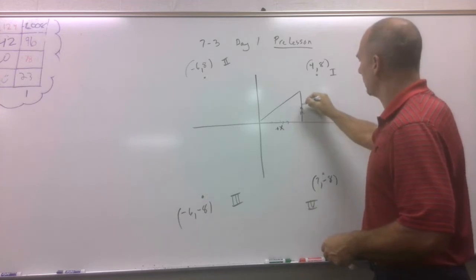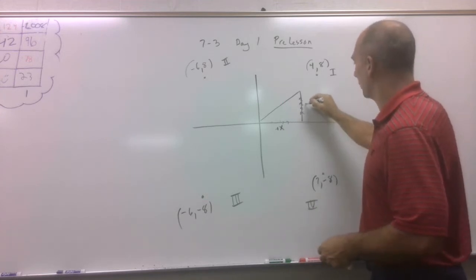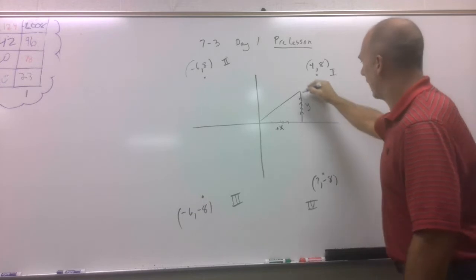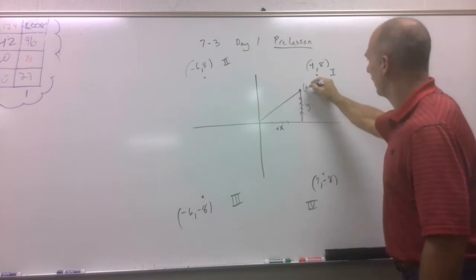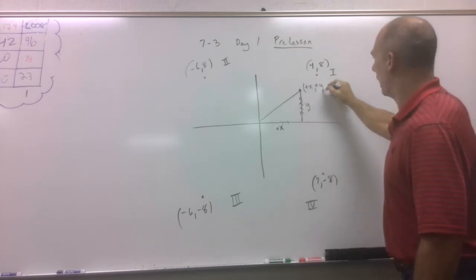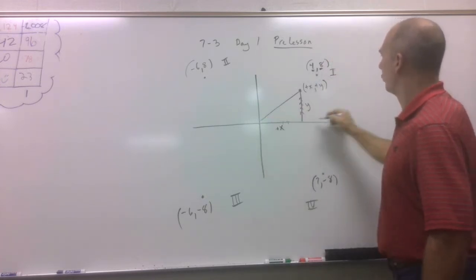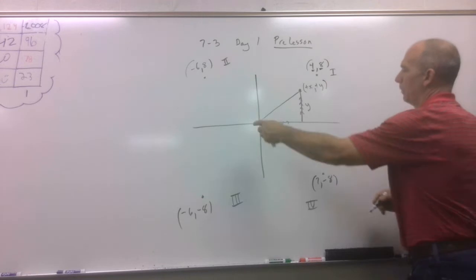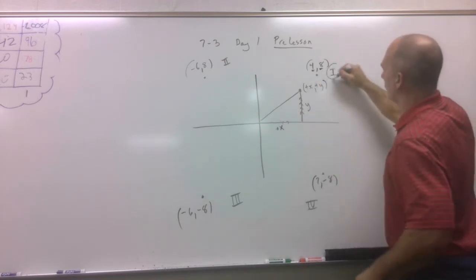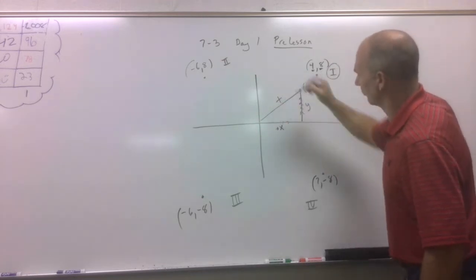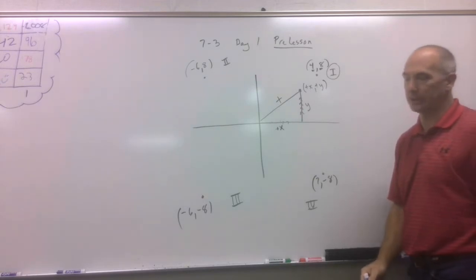My y would be positive because I'm going up. And that means this is a positive x, positive y. I just gave you an example. There's my x, there's my y, 4, 8. So positive, positive in the first quadrant. And we know that our hypotenuse is always positive. I'll throw that in for free.